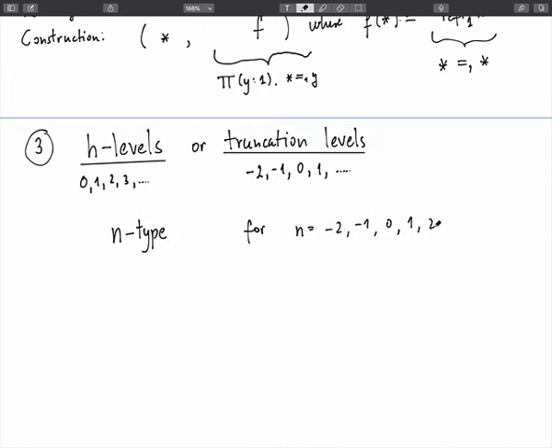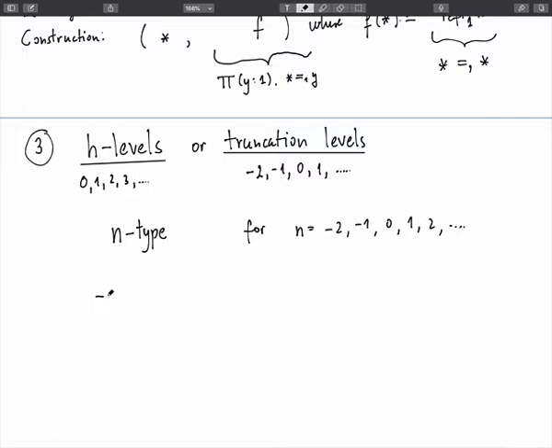By the way, you can imagine it's lots of fun when you formalize this in a proof assistant when you have to start counting with -2. It's just excellent. Okay. So I think in the HoTT library, we define a custom-made data type of numbers from -2 onwards, just so that we deal with this stupid issue. There we go. So n-type.